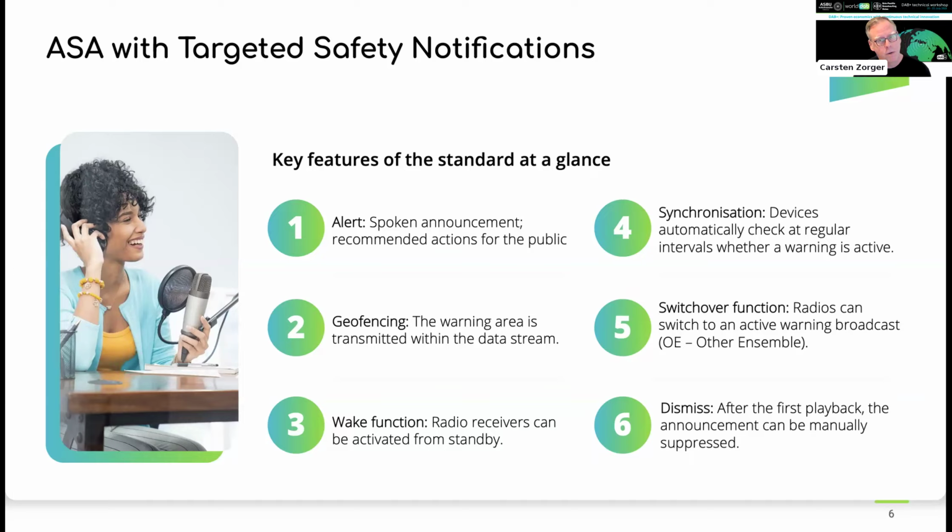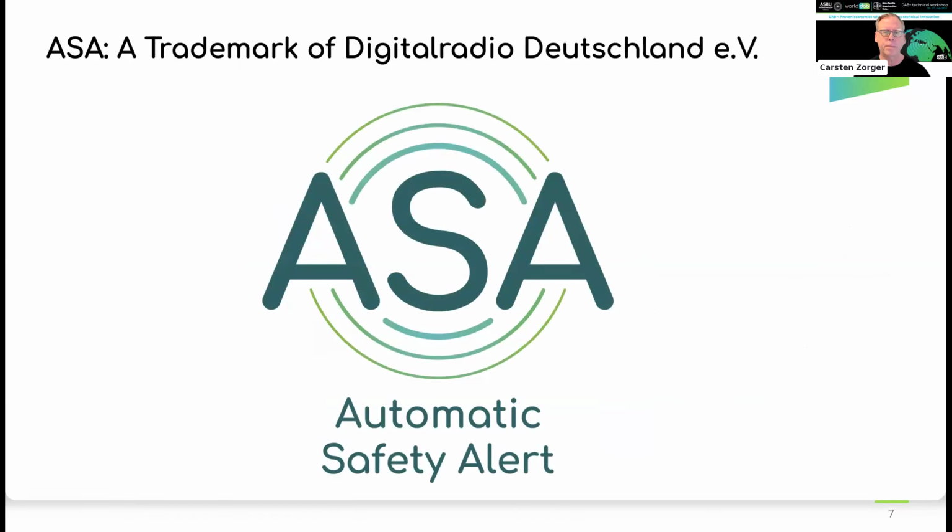If a program on a MUX you're listening to is not having any ASA messages, the radio still can be pointed towards another program which relays the warning message. And number 6 is not that important, but you have it. It's dismissed. If you heard a message and it's being repeated, you can dismiss that, and you're all set.